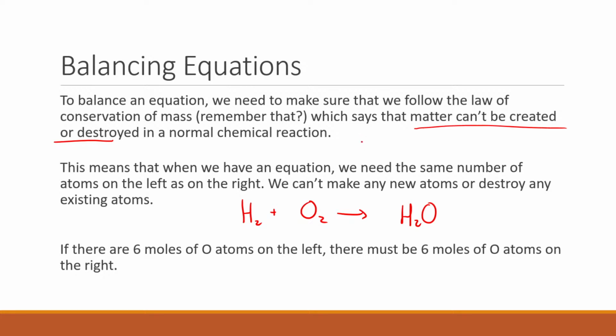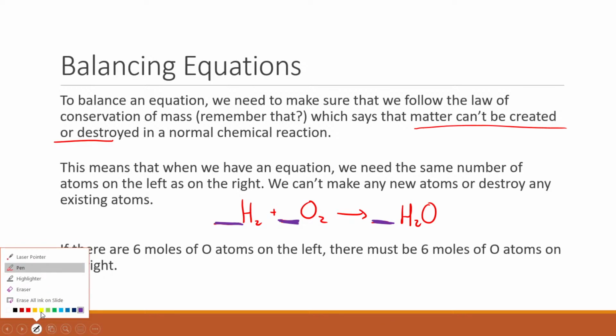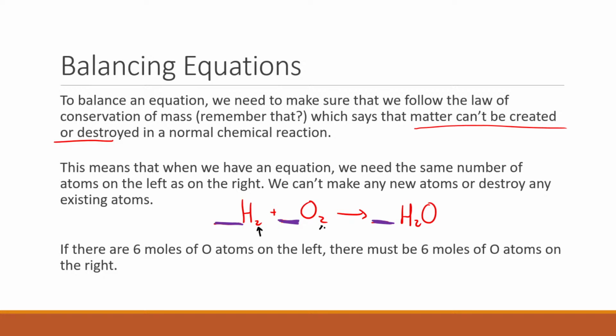So we need to balance this equation by putting numbers in front of each individual substance. These purples are the only spots that I can put numbers in this equation. You are not allowed to change subscripts.